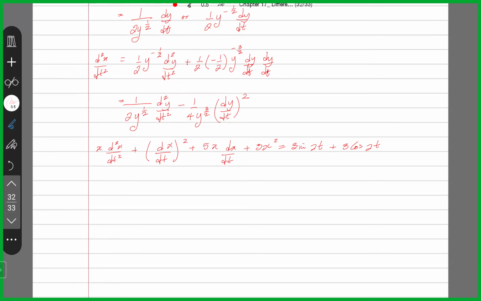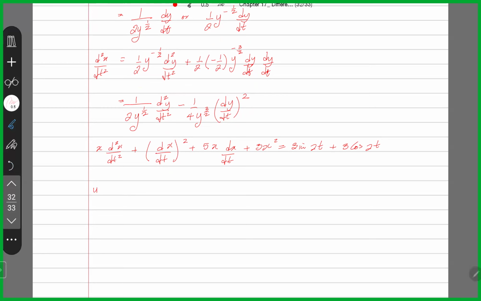So if we do our substitution, we're going to have x d2x by dt squared. But remember, x is equal to y to the half power.